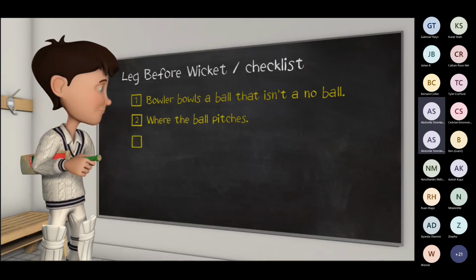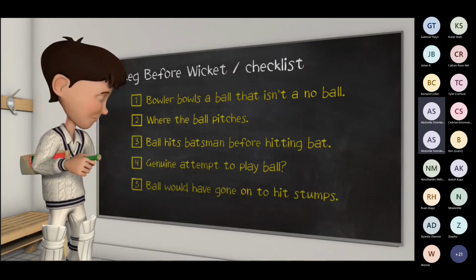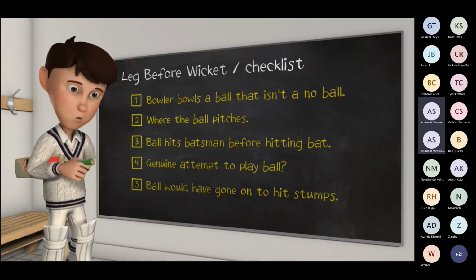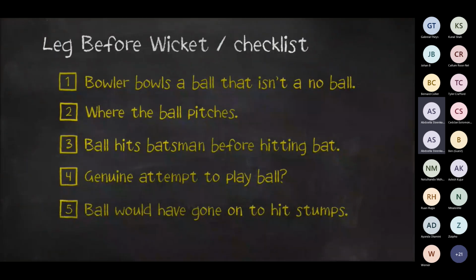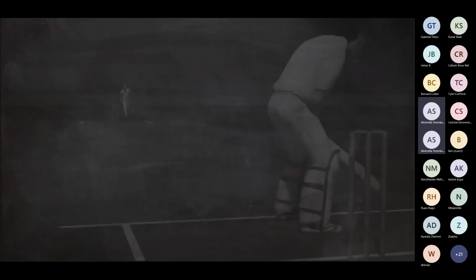Our handy checklist means that whether you find yourself umpiring an international test match or the kids on the beach, your reputation for fairness will remain intact. There are 5 basic criteria to consider. The batsman is out, leg before wicket, if 1.